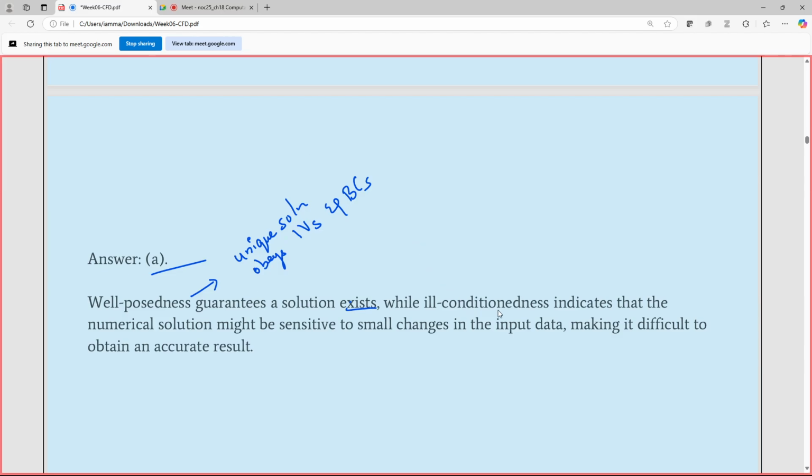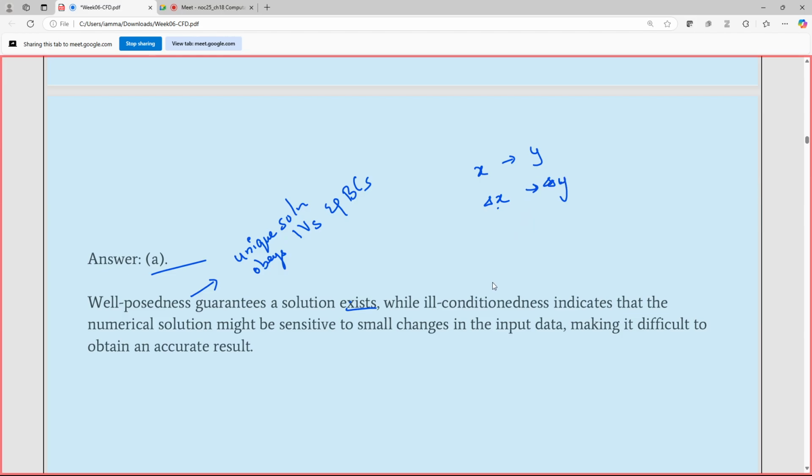While for ill-conditionedness, suppose our input variable is x and our output variable is y, for simplicity. Then for a small delta x, the change in delta y is too large.